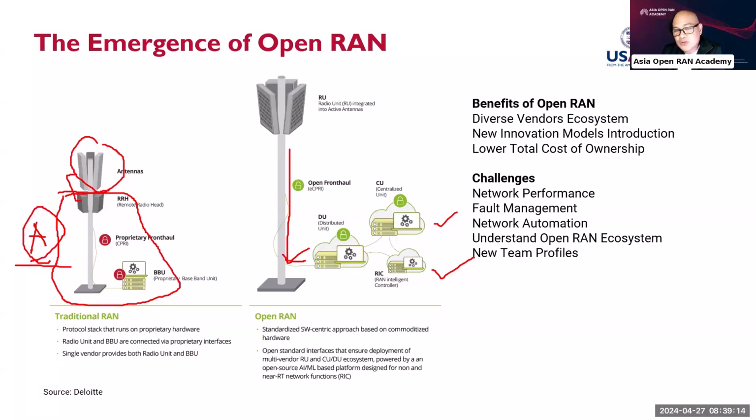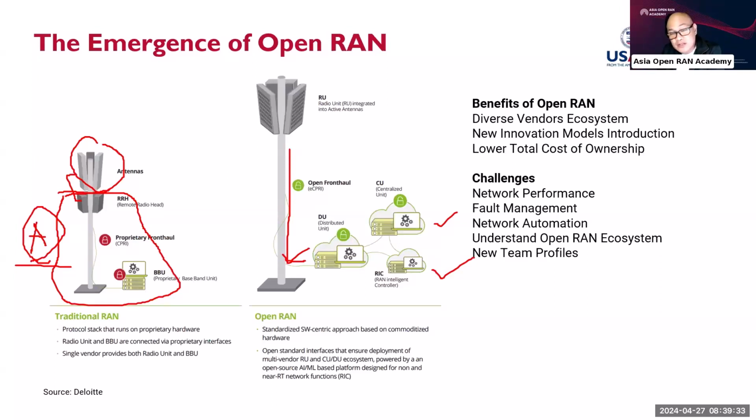So you can mix and match this equipment and software, so you have the flexibility. The operator has the flexibility on how to deploy their network. If they don't like the performance of one vendor, they can replace it with another vendor.